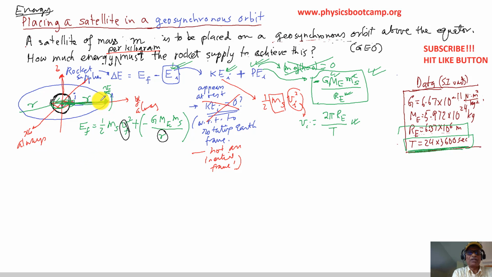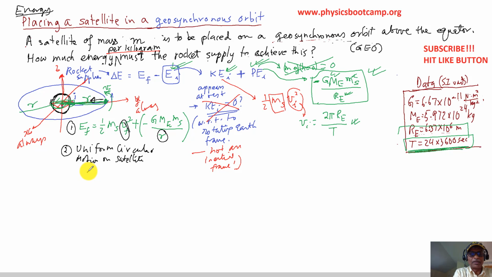Because it's going in circular motion, and the force is the force of gravitation of the Earth, we can apply uniform circular motion. So this is one formula, and the second formula would be uniform circular motion on the satellite. When you apply that, hopefully we'll get all of that. So let's see.